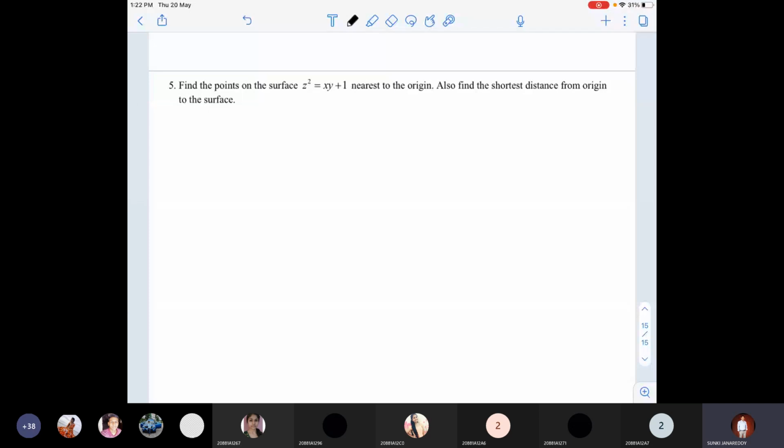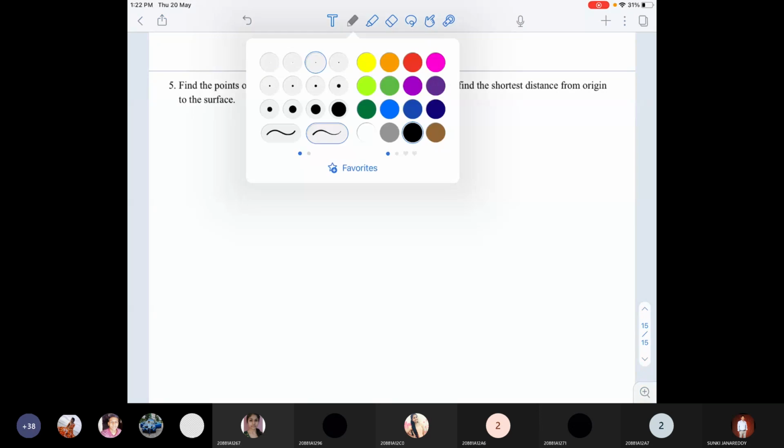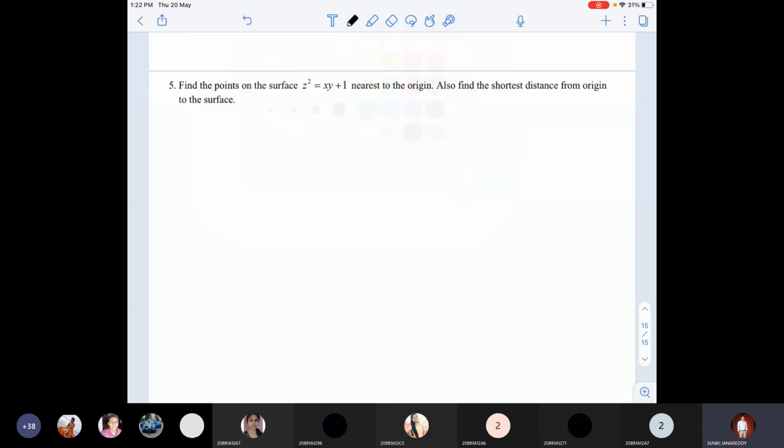Here what is the function? What is the relation? All of you should observe and tell me. Think about this one. Find points on the surface.